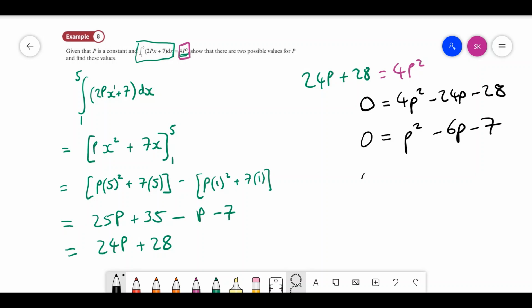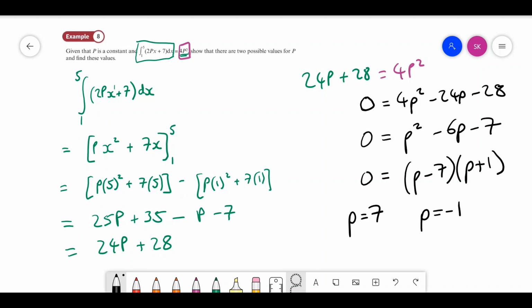I'm then going to factorize to solve to find p. So p minus 7, p plus 1. p therefore equals 7 and p equals negative 1. So those are the two solutions for p that I found, which answers the question that there are two possible values of p, and those are the values.